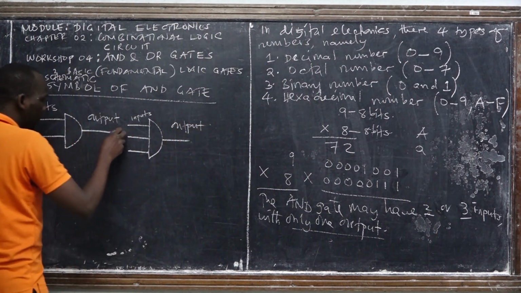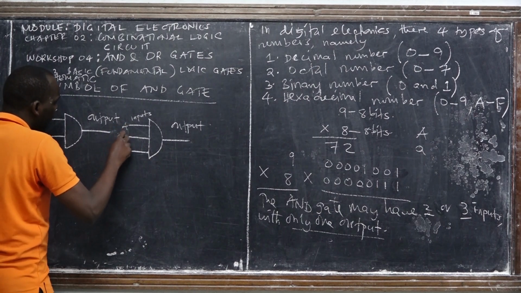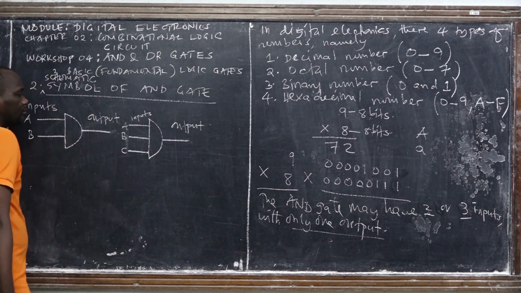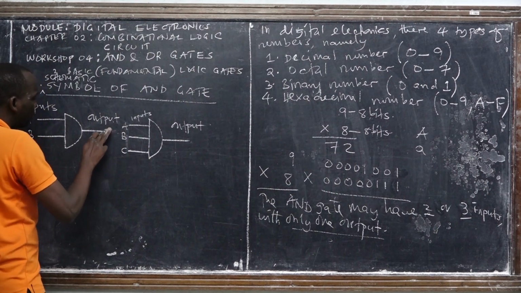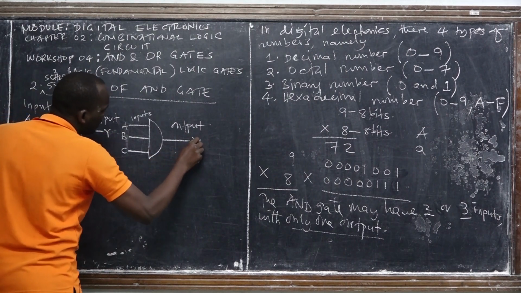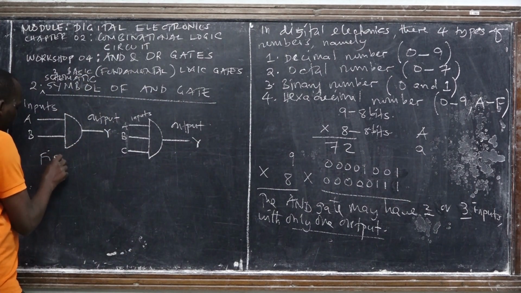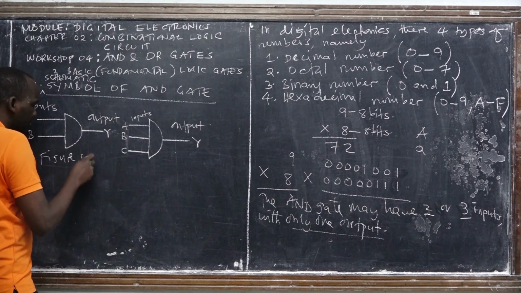So for the 3-input AND gate, we have A, B, C, and this is the output. In most cases this output we call Q or Y, but you can call it letter Y to represent the output. So this is figure 1 for this workshop.